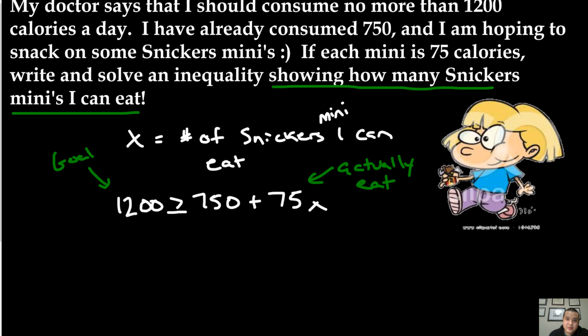And in order to solve this, we have to subtract 750 from both sides. And what we get is 450 is greater than or equal to 75x. Then multiply both sides by 1 over 75.